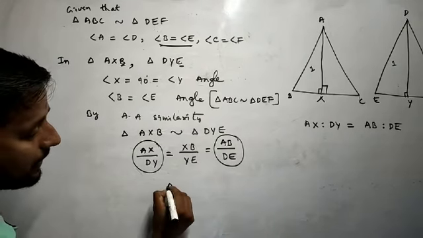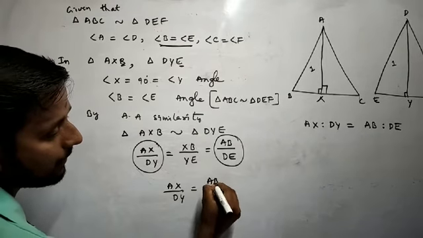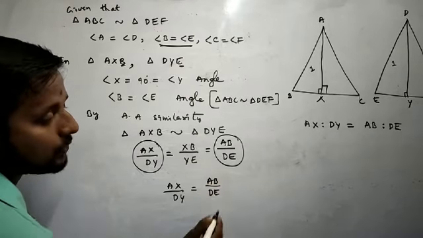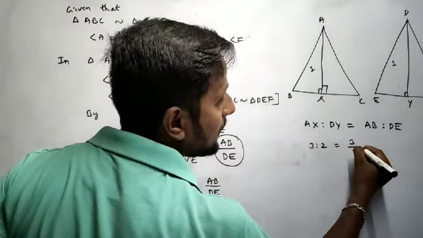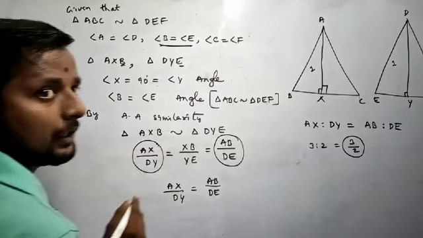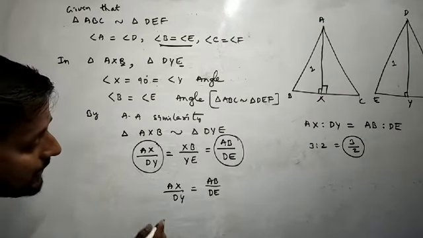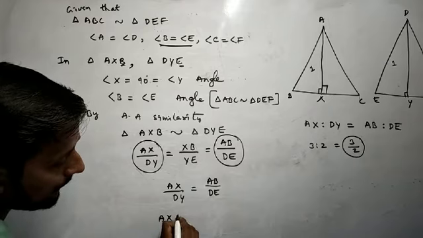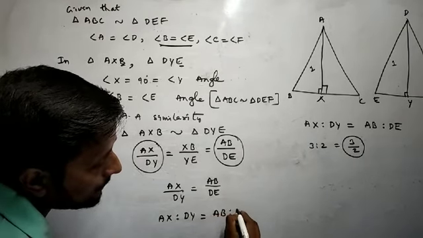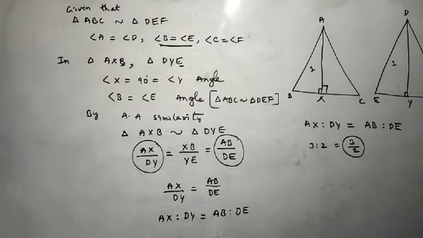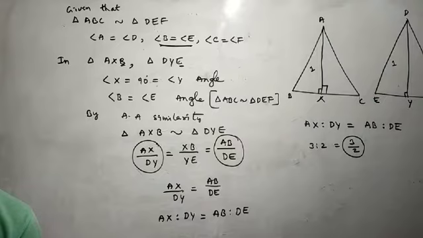Next step I write it as AX by DY is equal to AB by DE. Many times I told you 3:2 can also be expressed as 3/2. So if you want to express it in ratio form, we'll write AX is to DY is equal to AB is to DE. Hence proved, the requirement we needed.